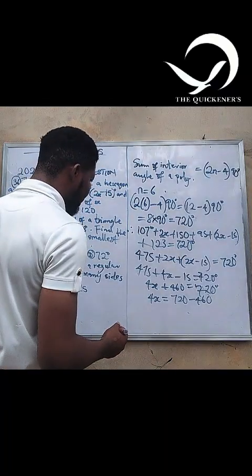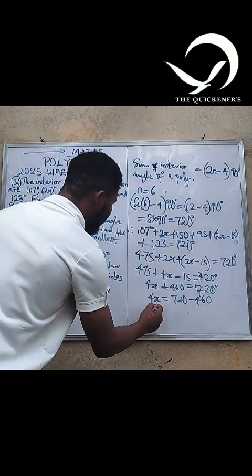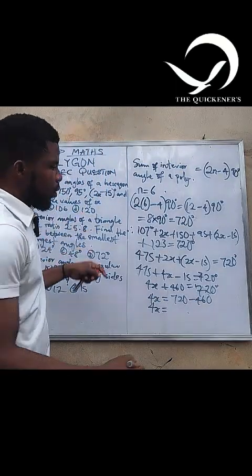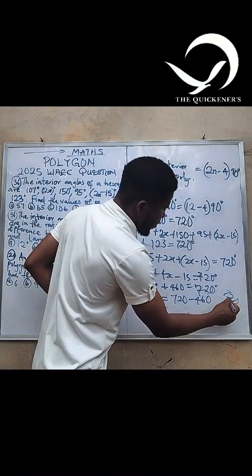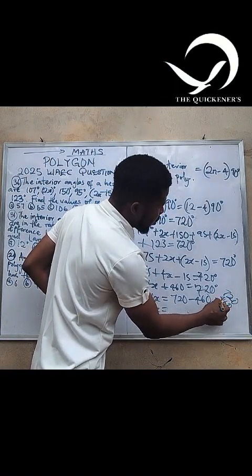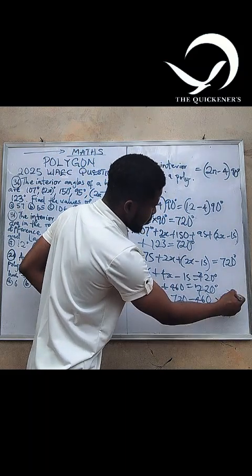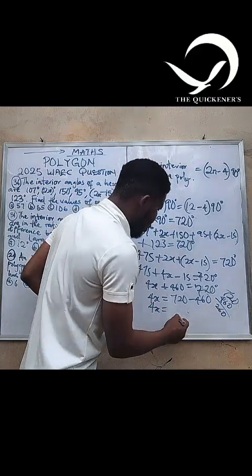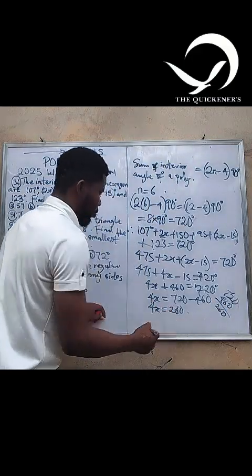So what we have now? We have 4x equal to 720 minus 460. That will be 260. So the answer is 260. Alright?